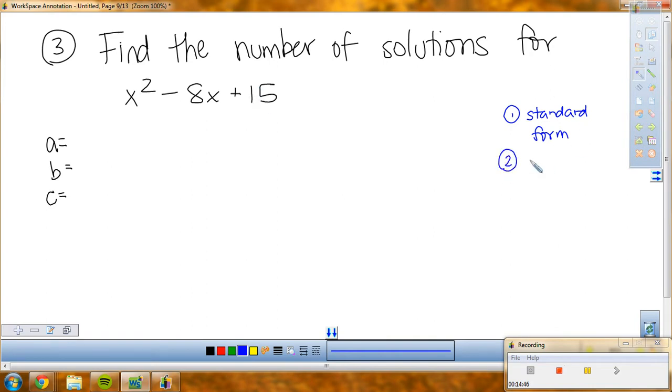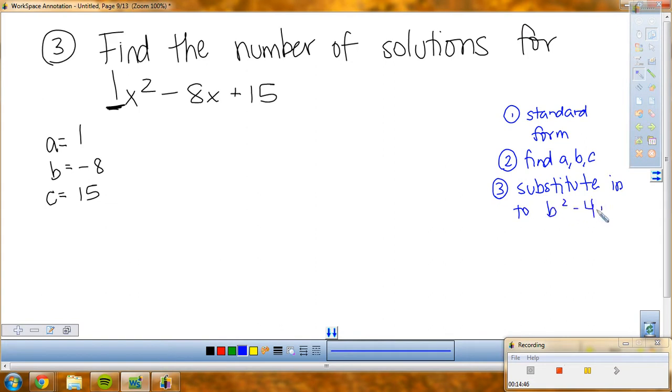Step 2, find your a, b, and c. So I know that my a is an invisible number, but I know it's there. It's a 1. My b is a -8, and my c is a 15. So once I have found and identified my a, b, and c, step 3 is substitute into b squared minus 4ac.